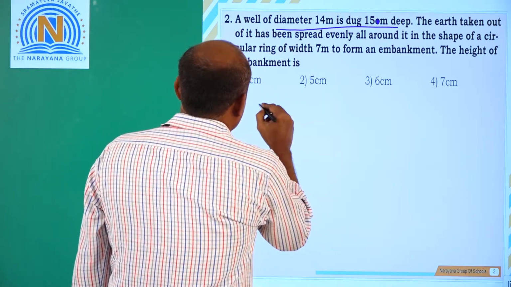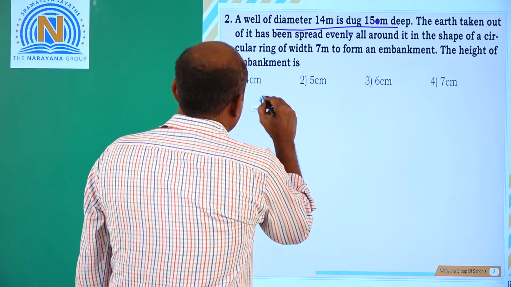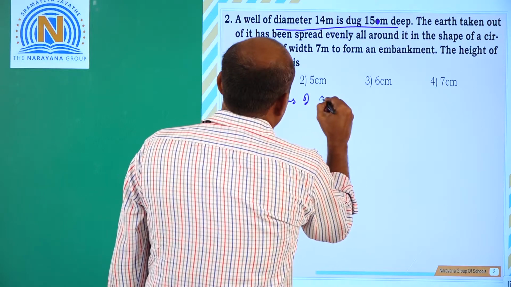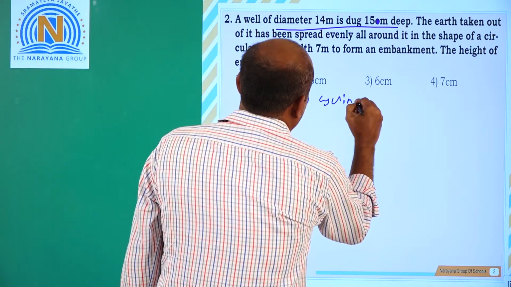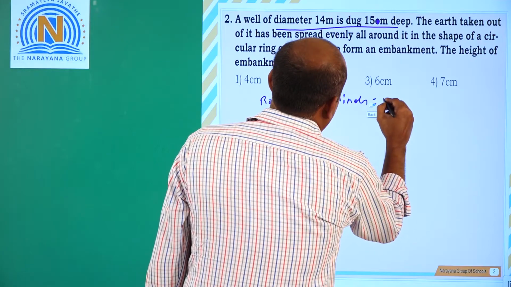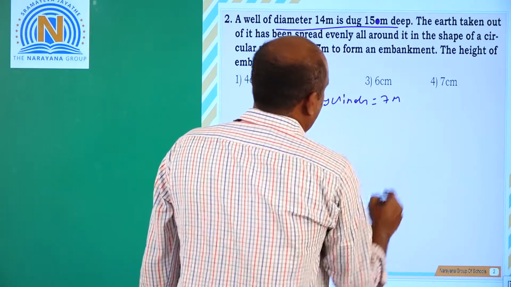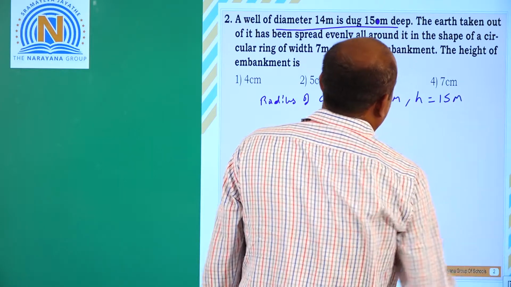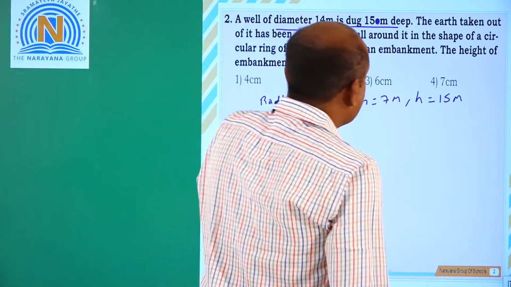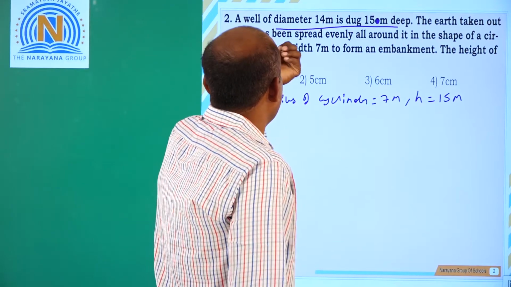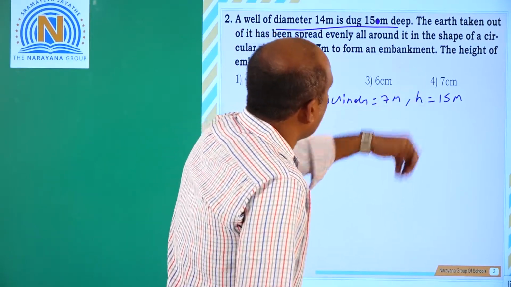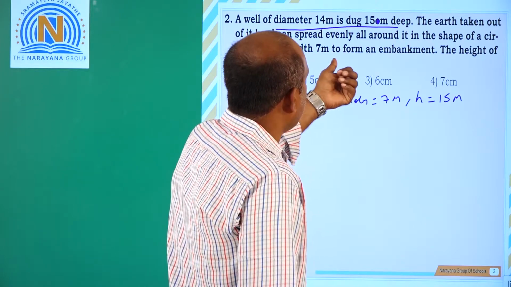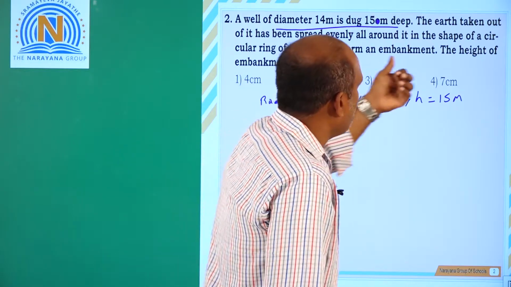So the radius of the cylinder is 7 meters and the height of the cylinder is 15 meters. The earth taken out of it has been spread evenly all around it in the shape of a circular ring of width 7 meters to form an embankment.